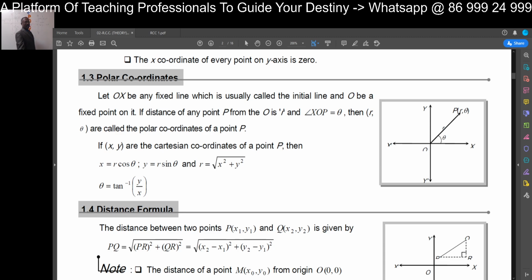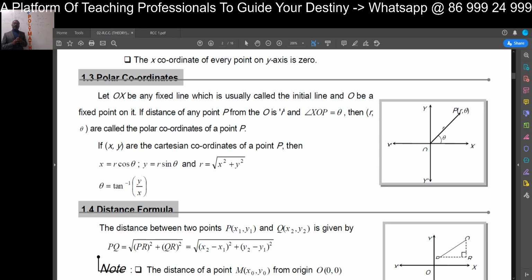Now polar coordinates, in fact, the polar coordinates concept, we don't have directly in any syllabus, IIT JEE syllabus or any engineering entrance examination. But you'll have the same concept in the complex numbers, and you will be getting the terms, the horizontal component and vertical component in physics.